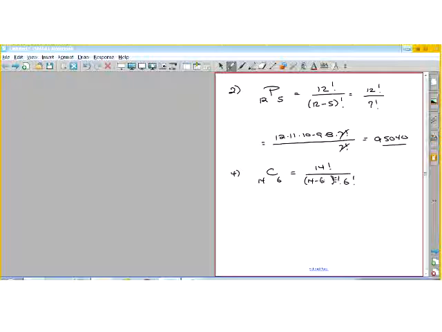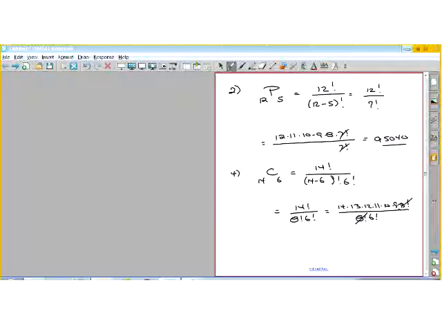The number you subtract here, you multiply. So we'll get 14 factorial divided by 8 factorial times 6 factorial, since 14 minus 6 is 8. We rewrite the numerator as 14 times 13 times 12 times 11 times 10 times 9 times 8 factorial, all divided by 8 factorial times 6 factorial.